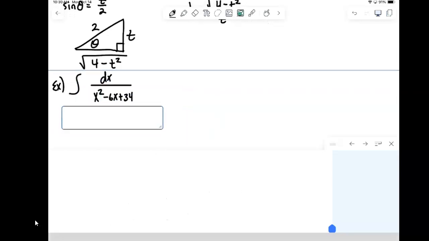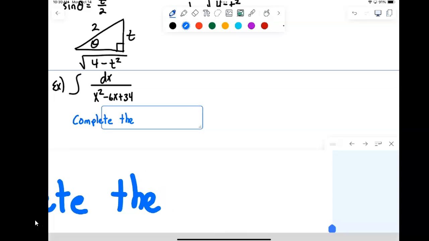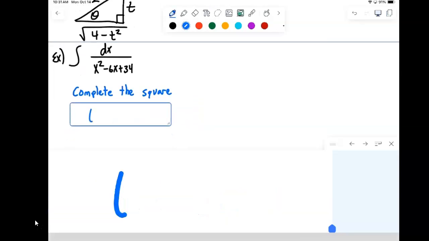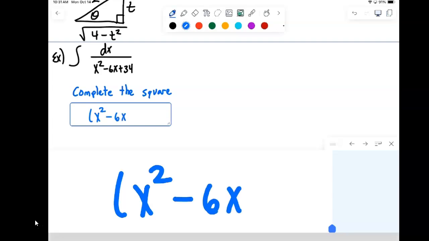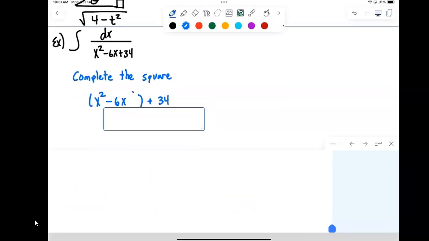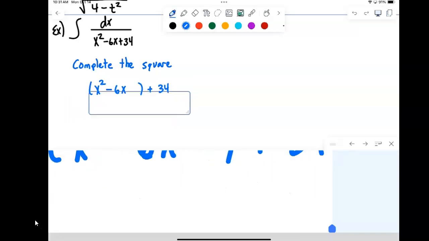We go through this completing the square process. So what we do is we group our x's together, plus 34. And so we go through our process, which again, remember, involves taking half of the x term.